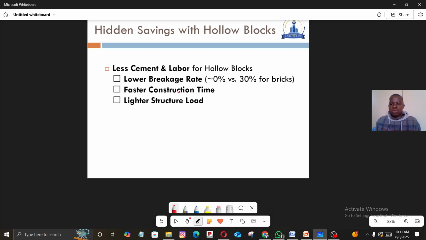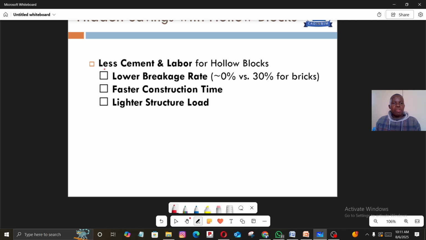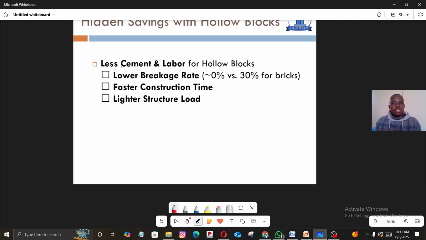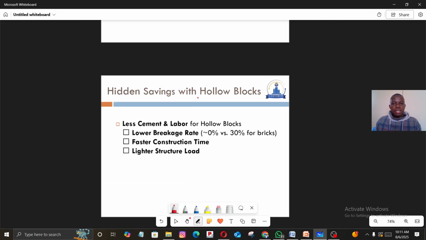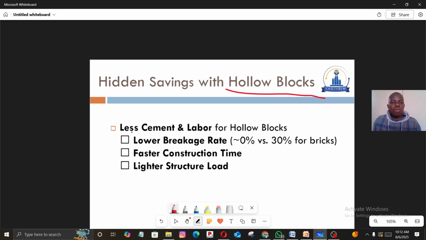Another thing to learn here is that there are other hidden costs. Concrete blocks are the winner, marked as the most cost-effective method to use.